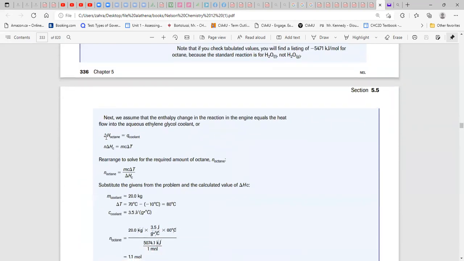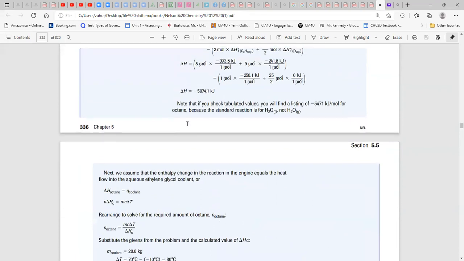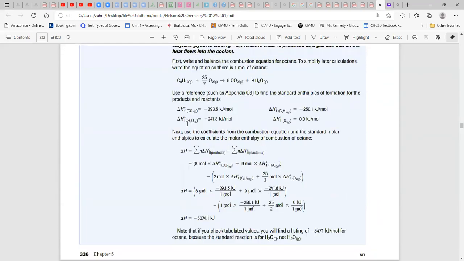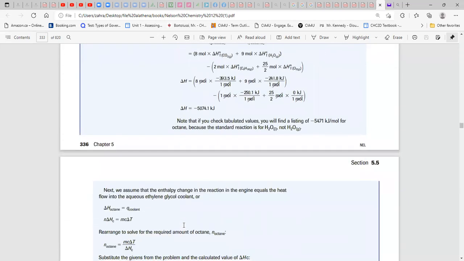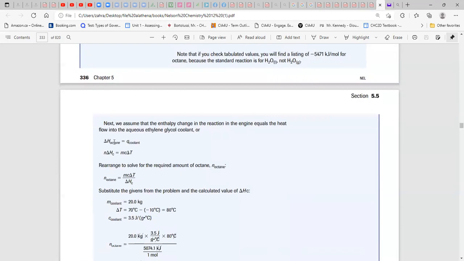Also, you know that this delta H is equal to the heat produced by the system. From the previous step, this is the molar enthalpy, the heat produced by 1 mole. So delta H, which is n times molar enthalpy, is equal to Q that is absorbed by the liquid.